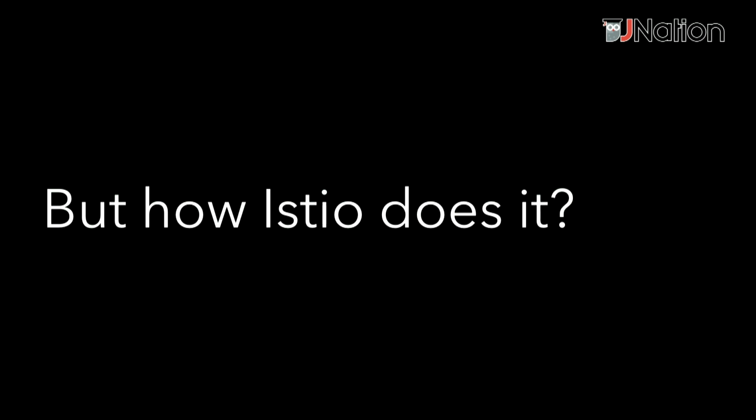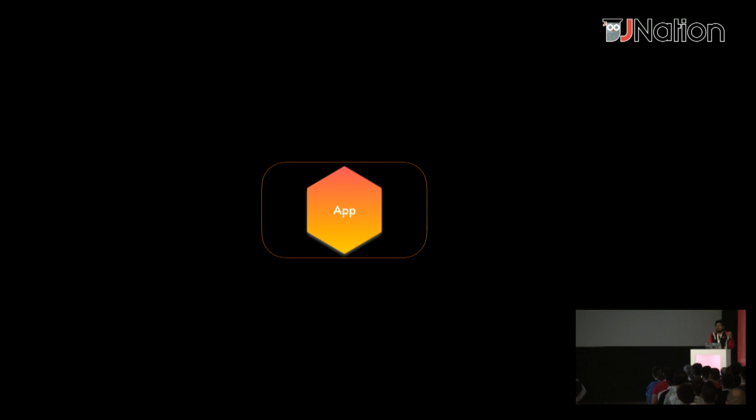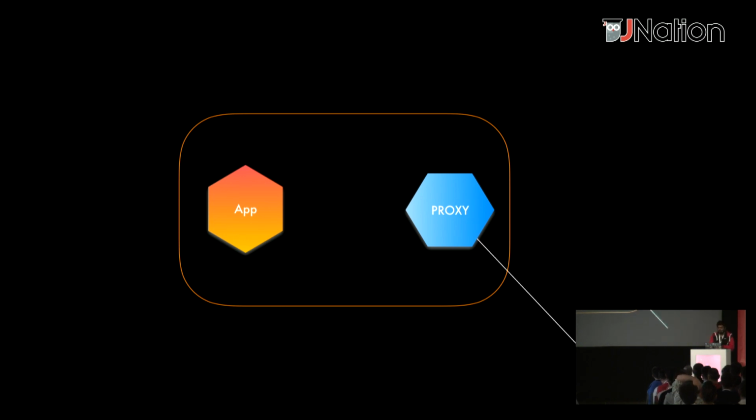But how does Istio do that? At the very first stage, you have an application that is running inside a pod. A pod will have one or more containers. So here you have one container that is your application running inside the pod. So inside the pod, you enlarge the pod and add a proxy to it. This proxy is nothing but Envoy proxy.